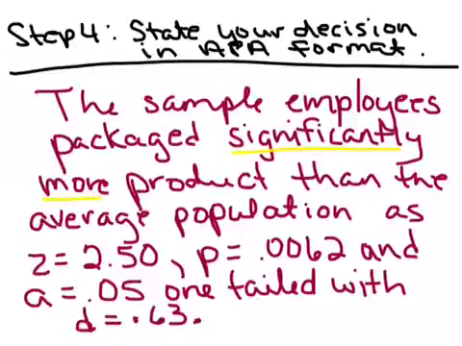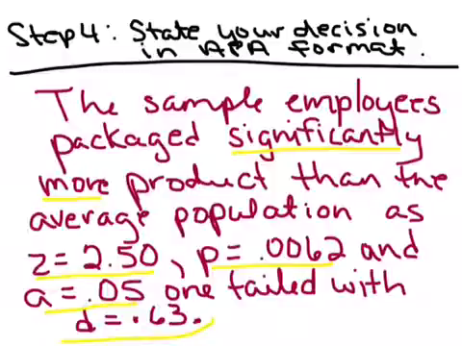Your independent variable, your dependent variable, your Z obtained, not your Z critical value, your p for the proportion or probability of where your Z obtained falls, your alpha, whether it's one-tailed or two-tailed, and your size of effect. These all need to be included, and they have to be in this order. This is APA format, and this is the order that has to be followed.